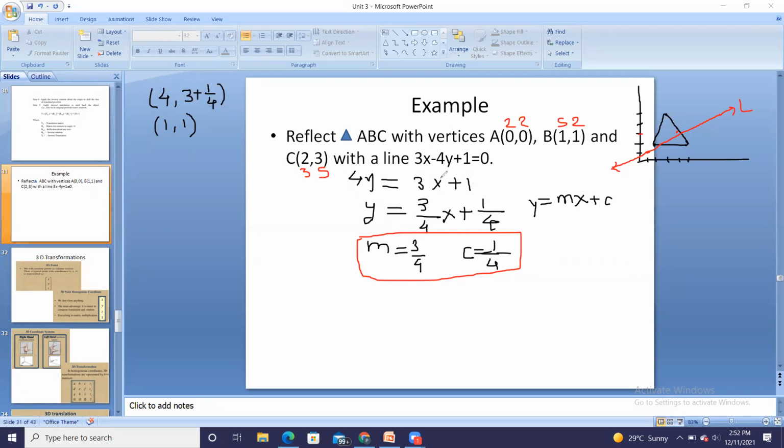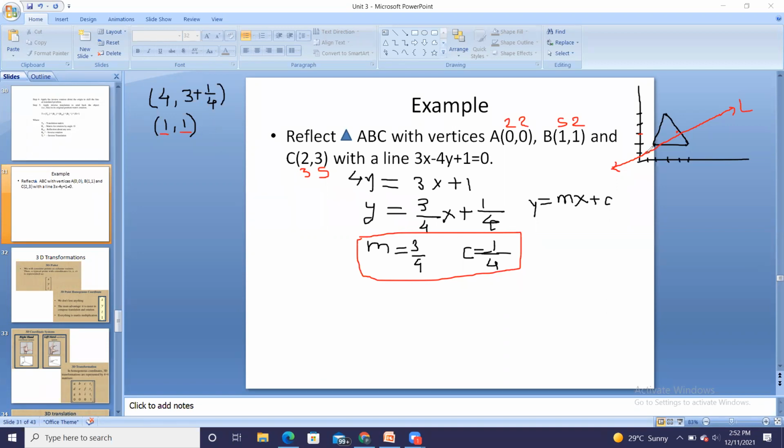On the right hand side I will get 4, and on the left hand side I have 4y. So y is equal to 4 divided by 4, which is 1. That means when I put x equal to 1 in the line, I get y also 1. So a point on the line is (1, 1). Is it clear now?